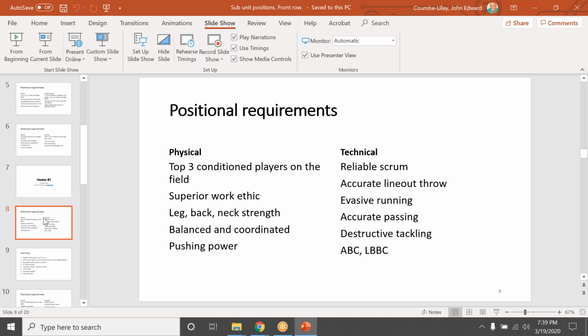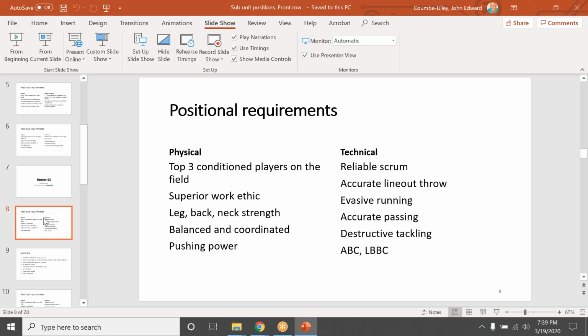And so if you find that a hooker is outplaying a back row player, then maybe the back row player needs to up their game a little bit to match the physicality and the work output of the hooker.